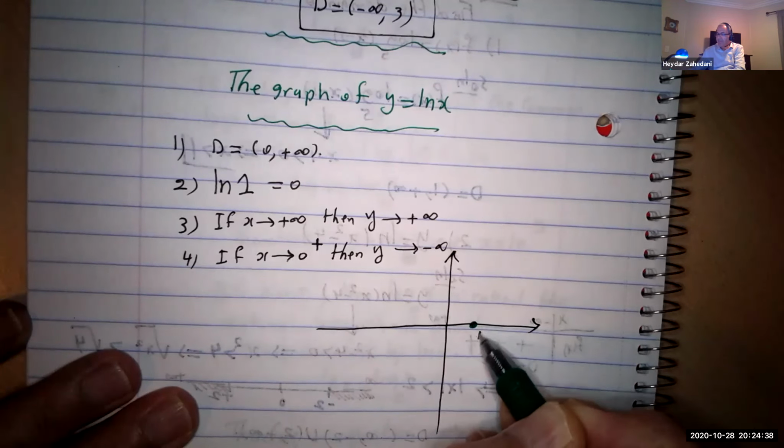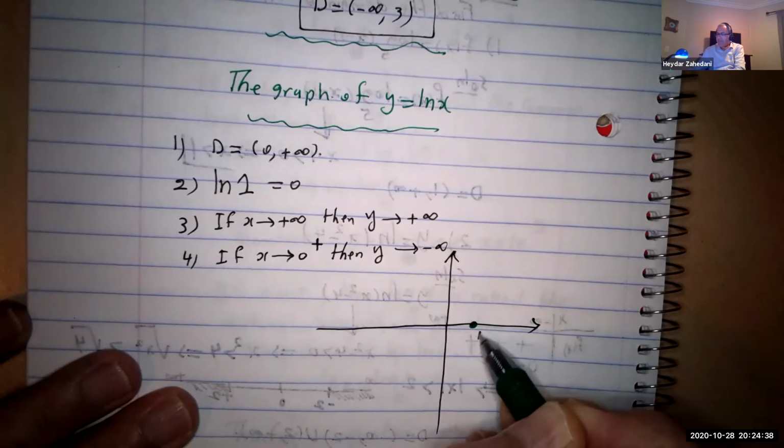If you want to use this so-called symmetric property, it's going to be symmetric with respect to this line. This is the line y equal to x. So this graph is going to be symmetric with respect to this line.